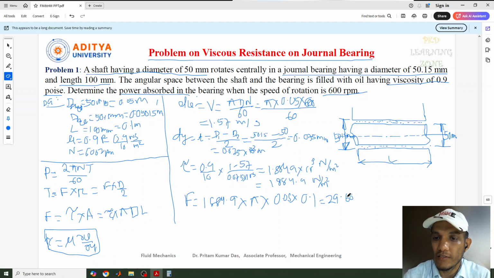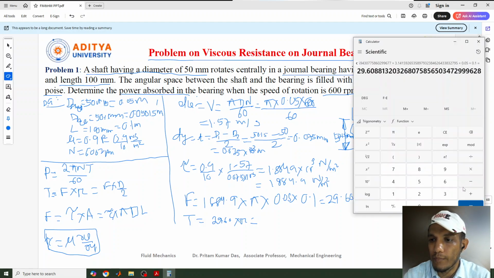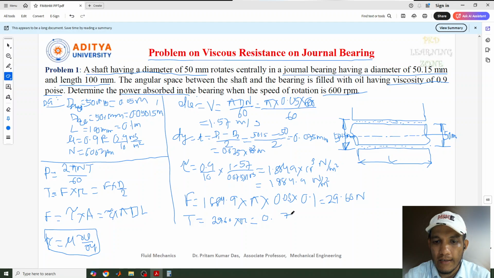This is the shear force in Newton. Now let's put the value in the torque. Torque equals 29.60 into R, or D by 2, so multiplying by 0.05 divided by 2, we get 0.74 Newton meter.